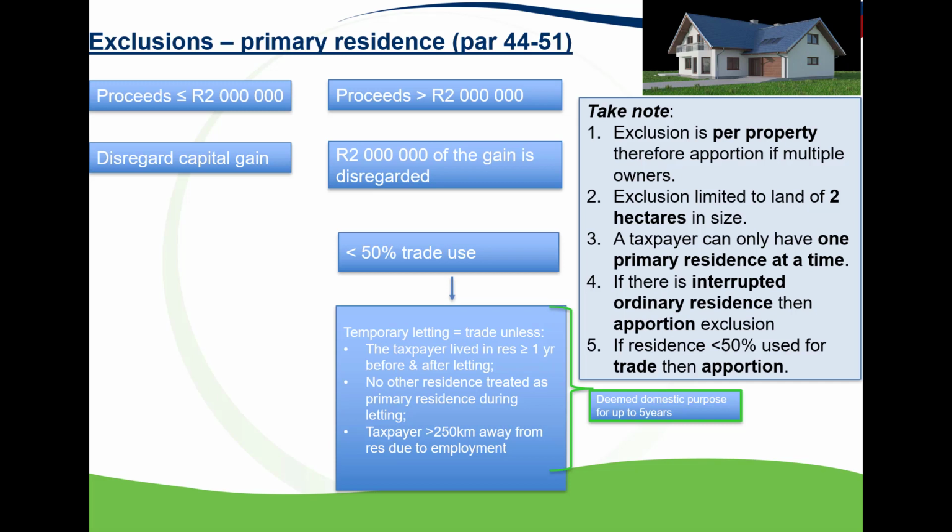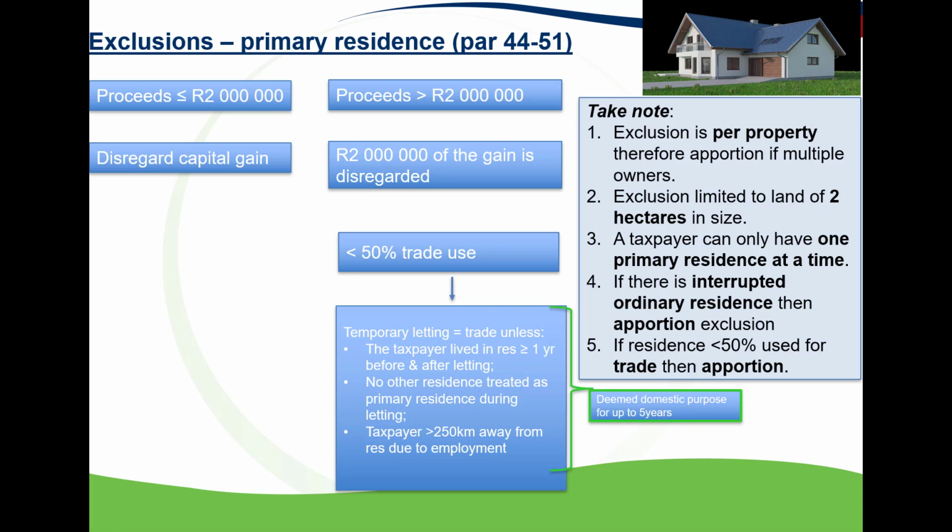If the taxpayer was, for example, seconded on a certain project for about 2 years, meaning they were away working in Gauteng when their primary residence is in the Northwest. They have lived in their primary residence for about 5 years prior to that.